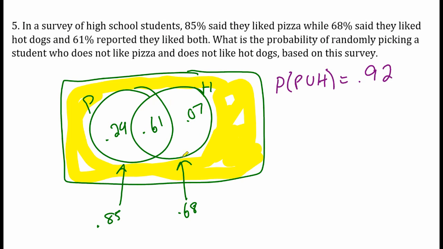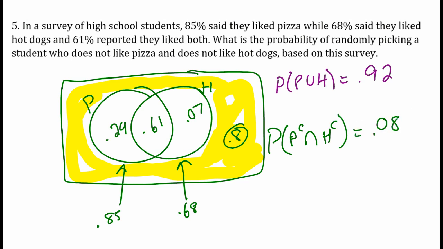So 92% was used up in the circles, so who's not in the circles? A good old 0.08. So the final answer, the probability of not pizza and not hot dogs, is 8%, 0.08. Forgot my 0 there. Don't do that, because 0.8 is a very different number.